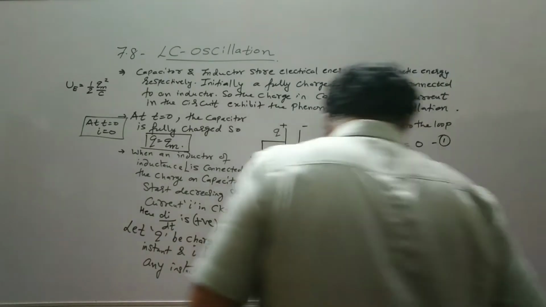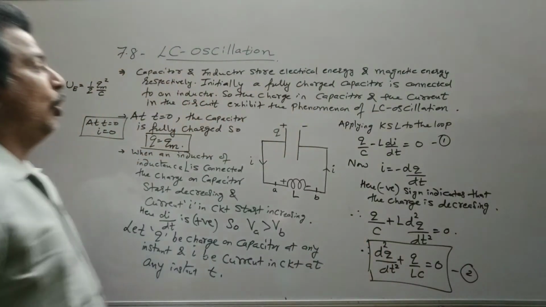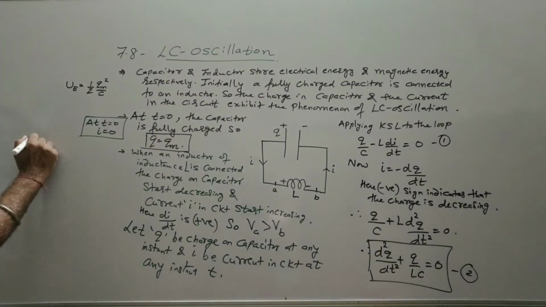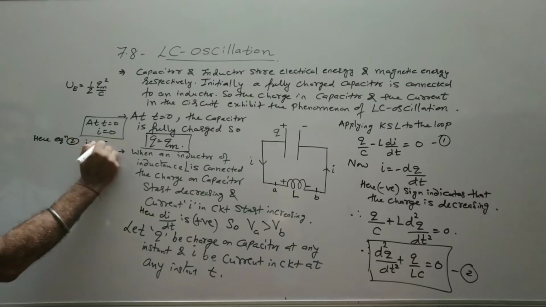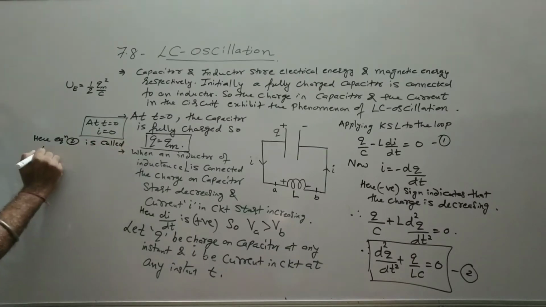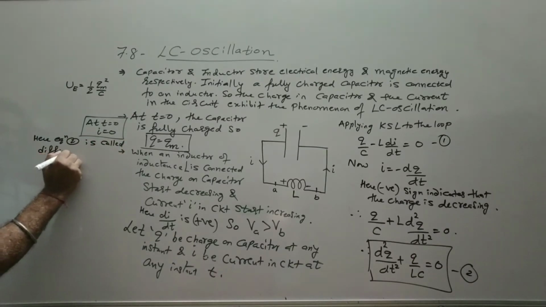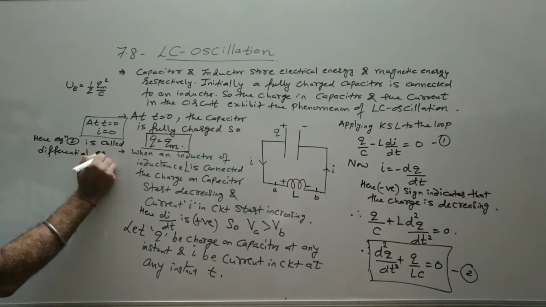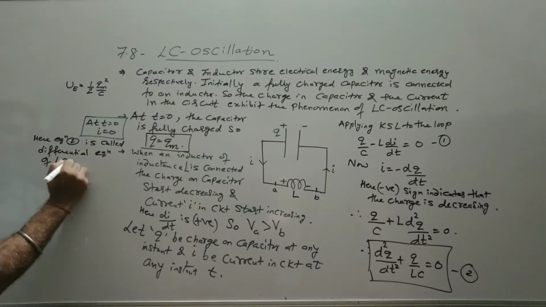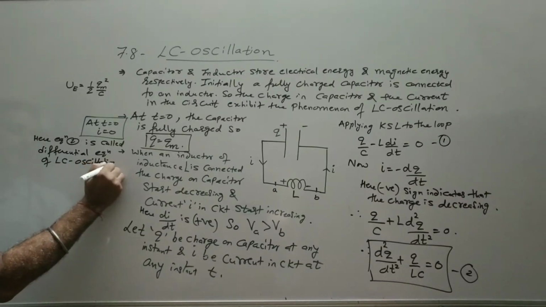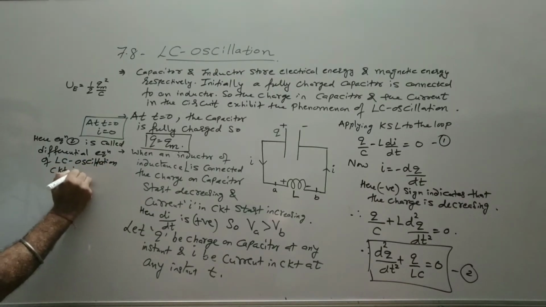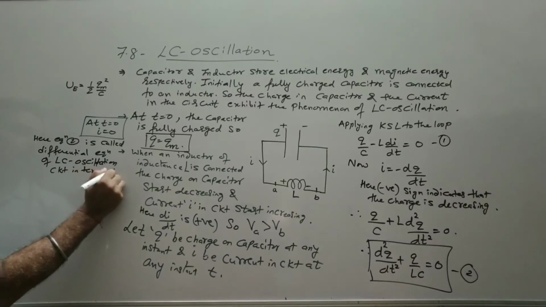So this is called the differential equation of the LC oscillation circuit. Here equation 2 is called the differential equation of the LC oscillation circuit in terms of Q.